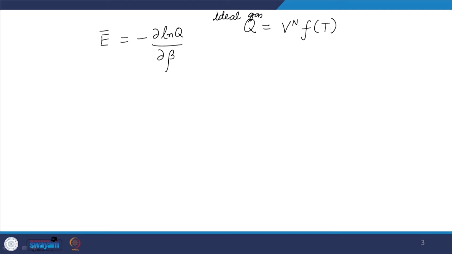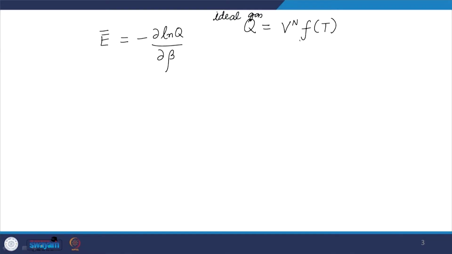So, we already have seen that my average energy is given as minus of dou ln q by dou beta, and now the q for an ideal gas, for example, was V^n f(T). We will do the van der Waals case a bit later. So, for ideal gas, q is equal to V to the power n f(T), and now if I am interested in the derivative with respect to beta, in that case the derivative of f will come into picture, because temperature essentially is related to beta.